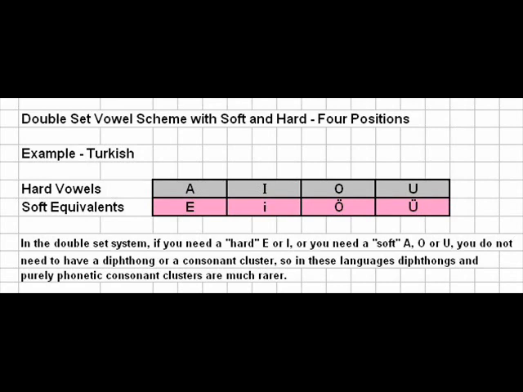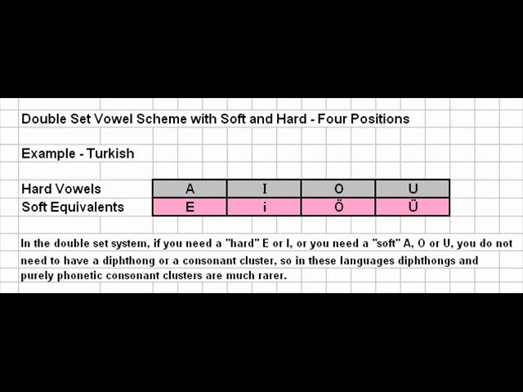They have the hard i. It is not showing very well on the slide, but this is like a capital I all the time. And then the soft i, and they have a hard o and a soft ö, a hard u and a soft ü. So they have pairs, and they have something called vowel harmony.